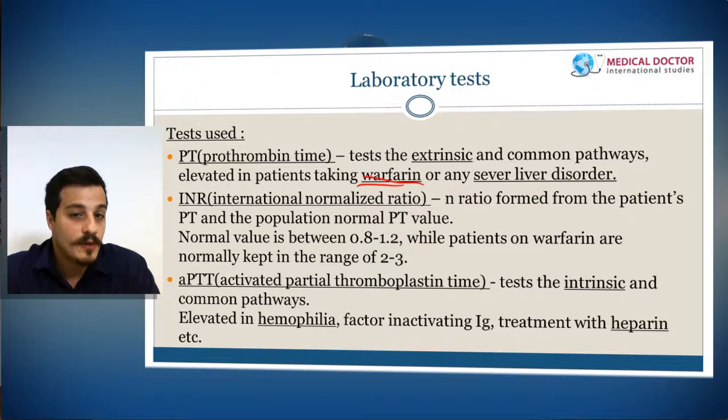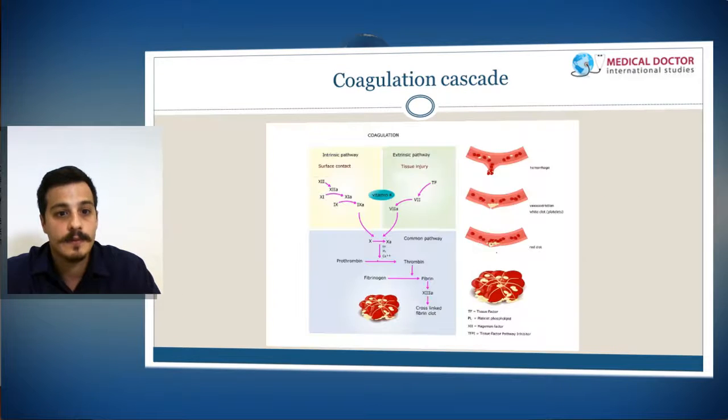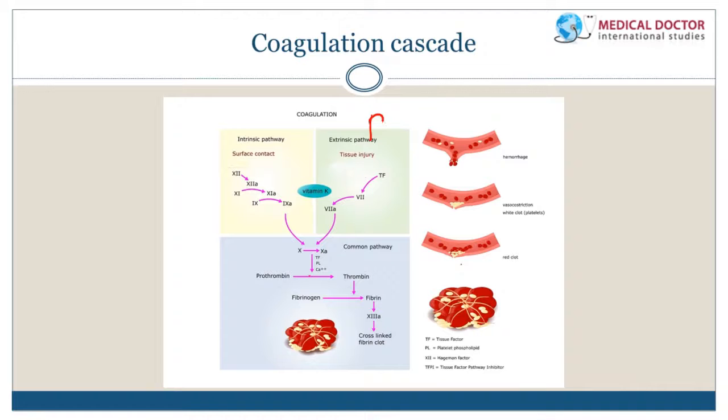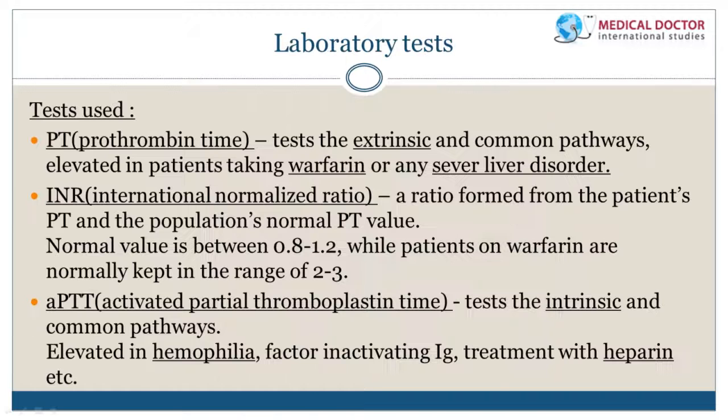So it is very important to associate the PT with the extrinsic pathway especially. Remember, in the extrinsic pathway, we can use the PT to evaluate its function, and it is mostly used to evaluate the response to warfarin.